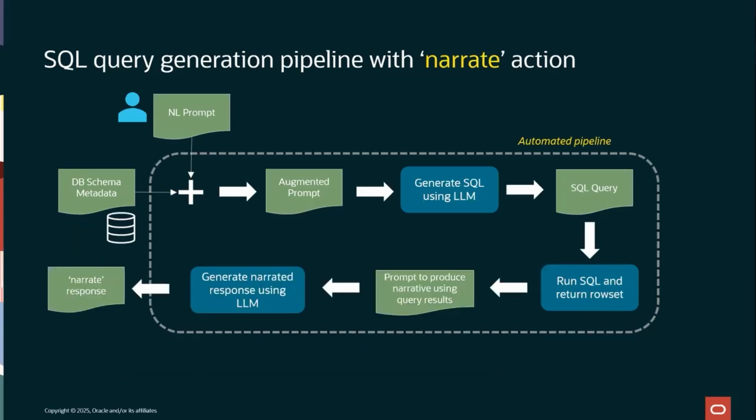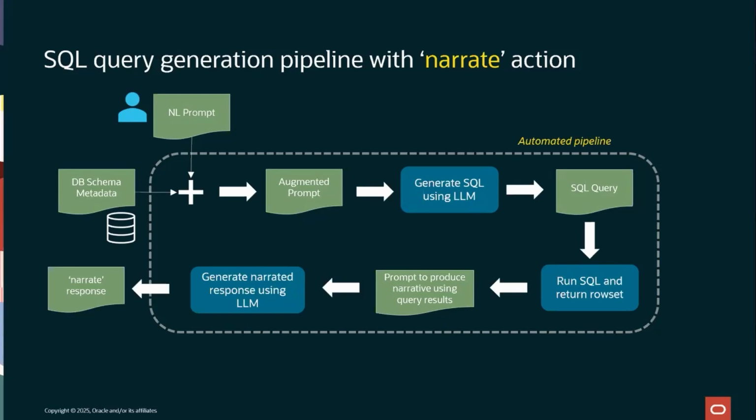Now, the narrate action extends this one further by taking your row set and passing it to the LLM to generate a textual description of the query result. It's important to note that narrate for NL2SQL is the one action that sends table data, the result of the query, to the LLM.